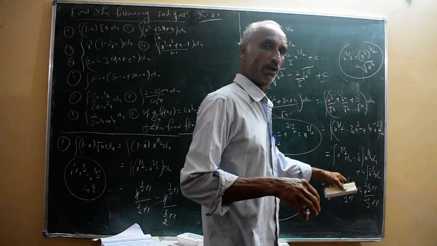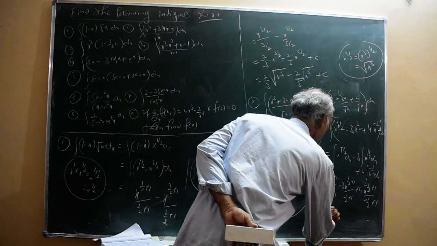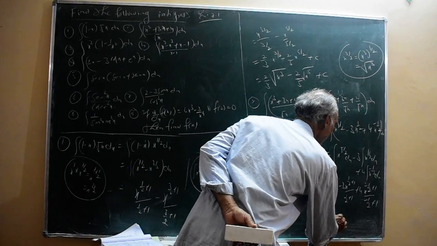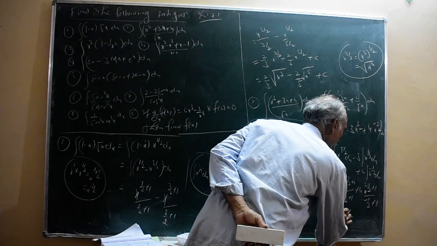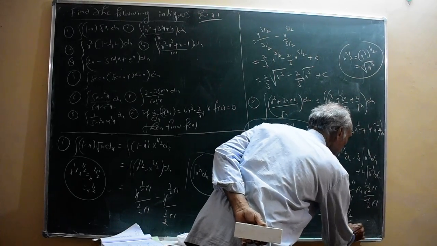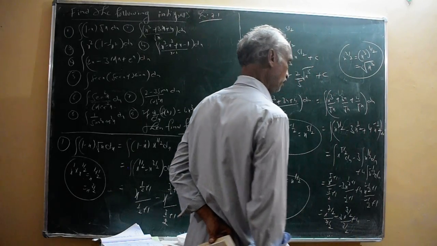5 by 2 plus 1 is 7 by 2. x raised to 7 by 2 upon 7 by 2, minus 3 x raised to half plus 1, which is 3 by 2, upon 3 by 2, plus 4 x raised to minus half plus 1.